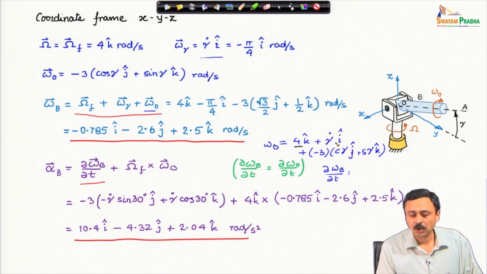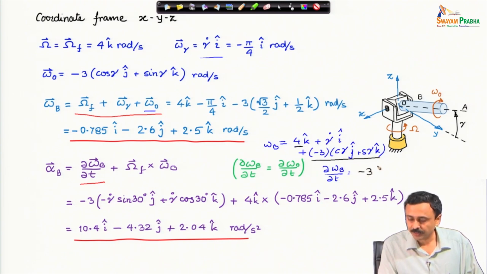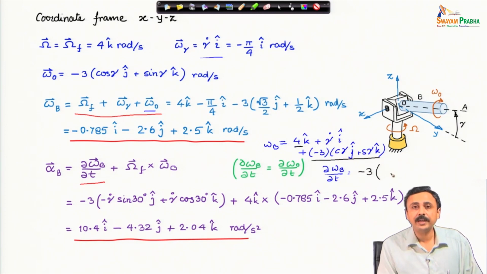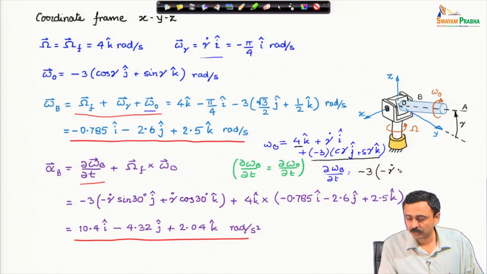Gamma double dot is 0 because it is decreasing at a constant rate gamma dot of pi by 4 radian per second, therefore, that also does not get differentiated. But the third term, when you take the local derivative, it is minus 3, and the derivative of cos gamma becomes minus gamma dot sin gamma j cap plus gamma dot cos gamma k cap.